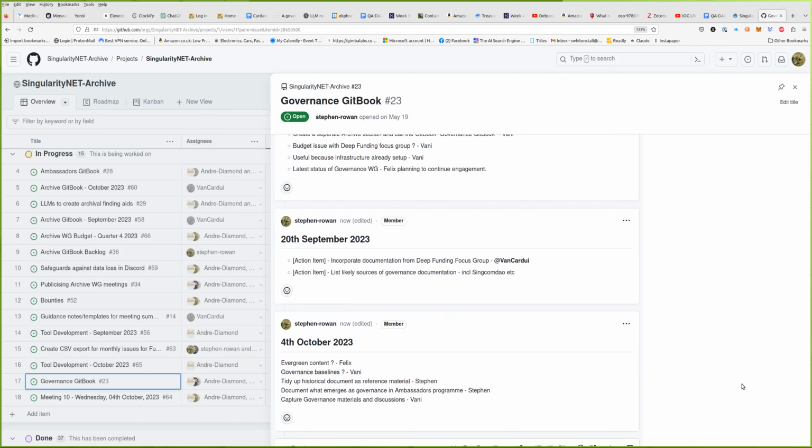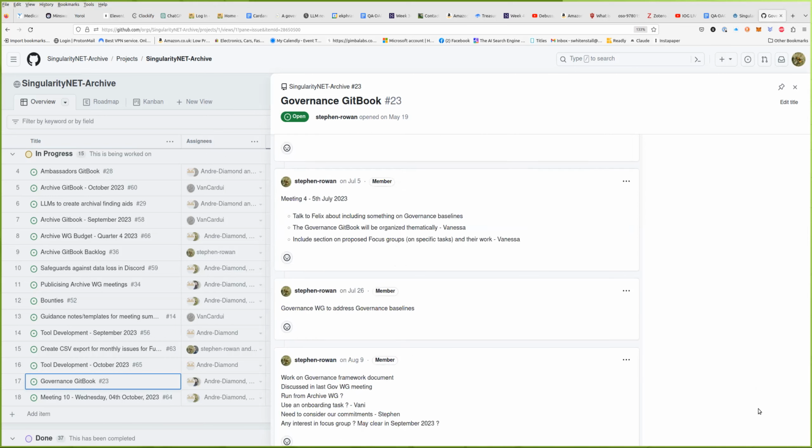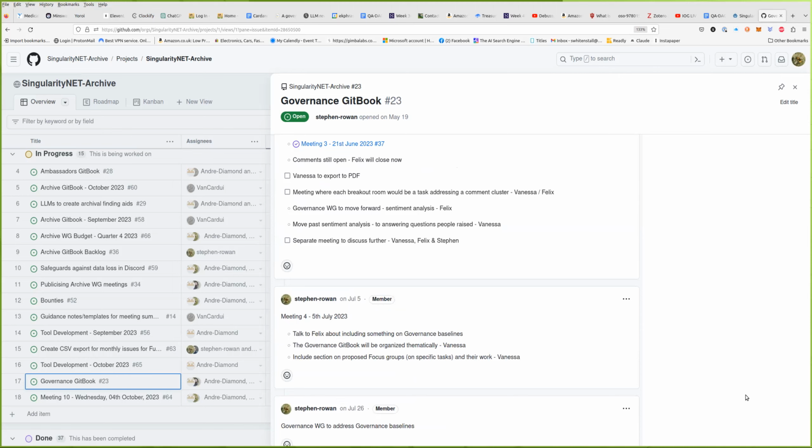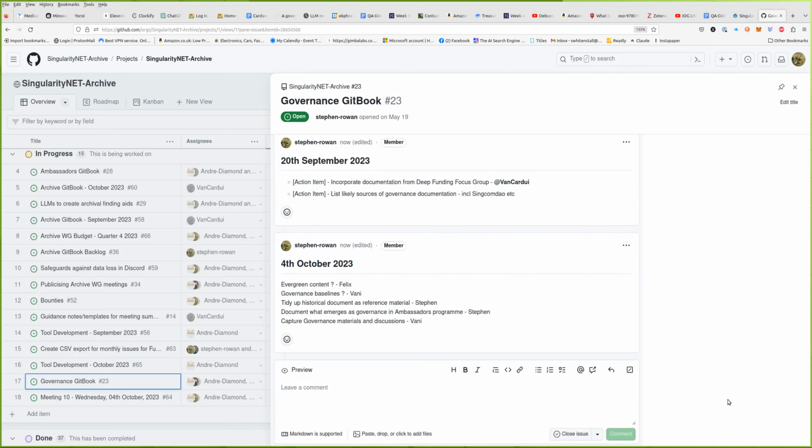But maybe it's a time and place thing. It feels to me like we have a couple of other priorities that are a little bit more urgent, but that's good because that gives us a little bit of time to mull it over. I do think the archives workgroup is quite a good place for some of this to sit, but also the governance workgroup. And maybe there's just a tie-in there, and maybe we should bring it up in the governance workgroup and then take it out to all the places that we just mentioned.